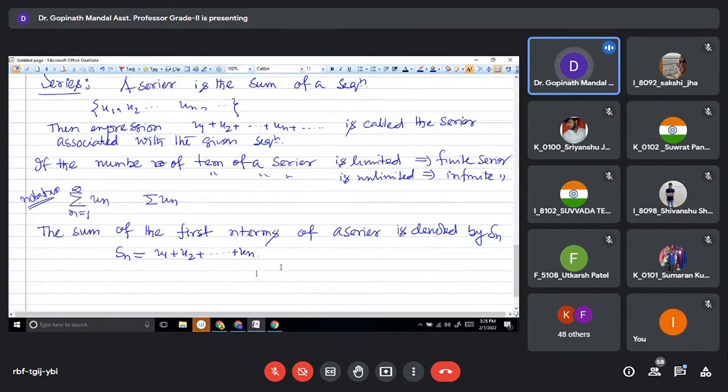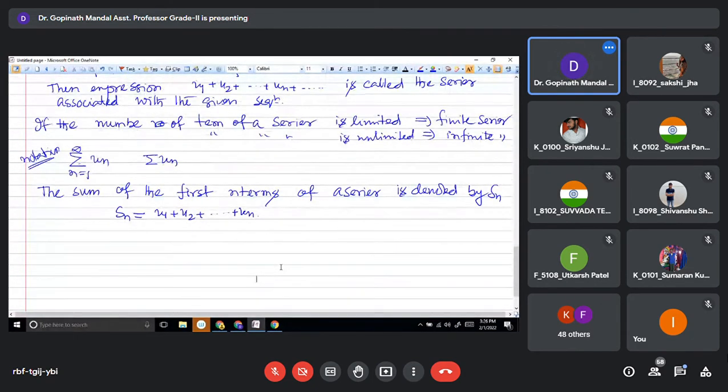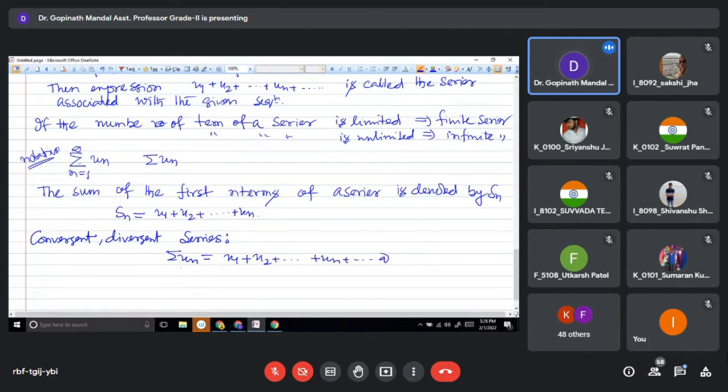Now, convergent and divergent series. Consider the series summation un, equal to u1 + u2 + ... + un up to infinity, and Sn is the sum of the first n terms, that is u1 + u2 + ... + un.